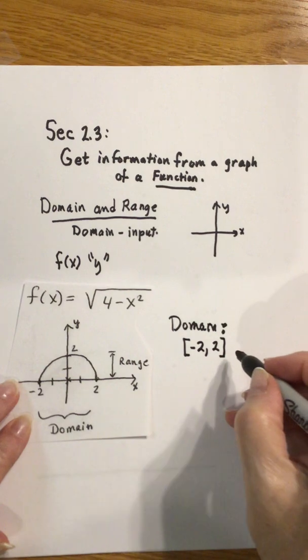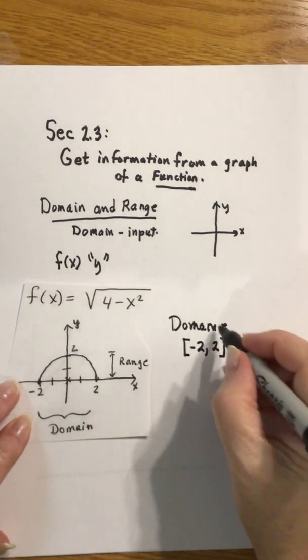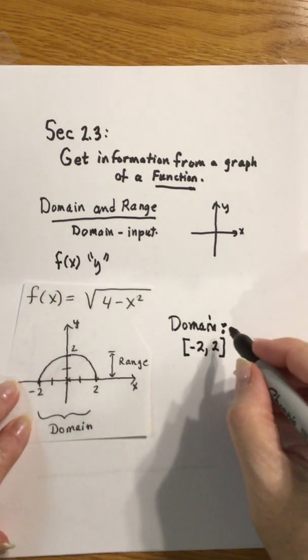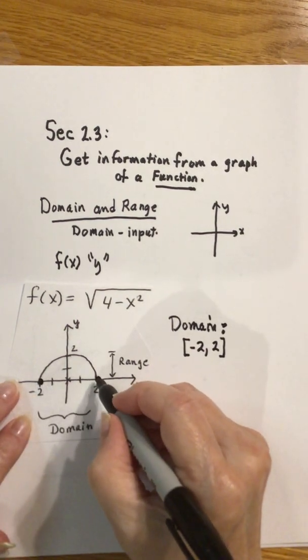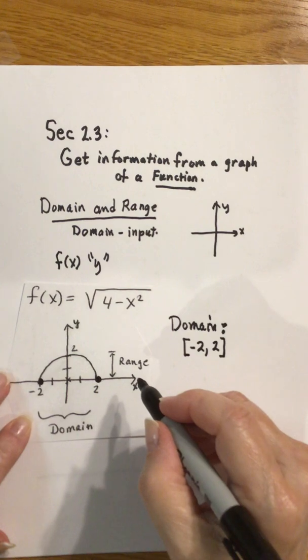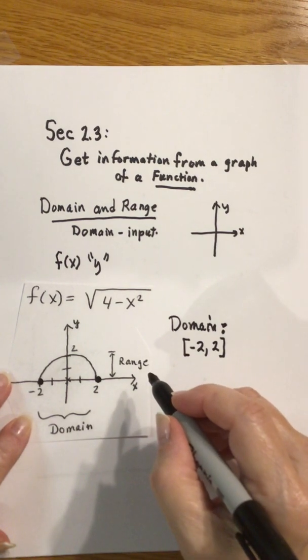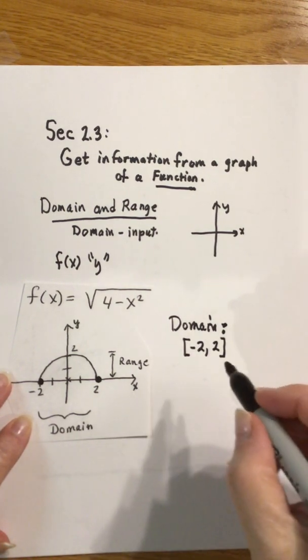Now, why do we use brackets? Why don't we use parentheses? The reason why is because we're including this -2 dot and this +2 dot. They're part of that graph. Now, the range is the y values that we're going to use.